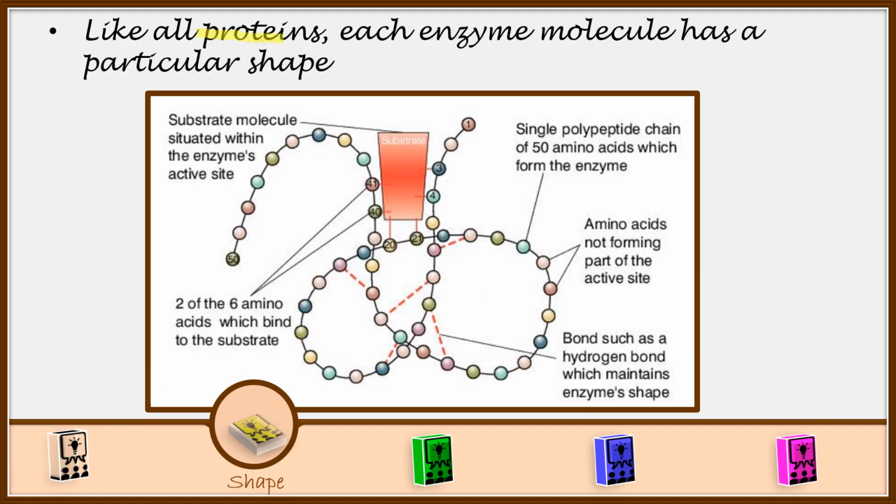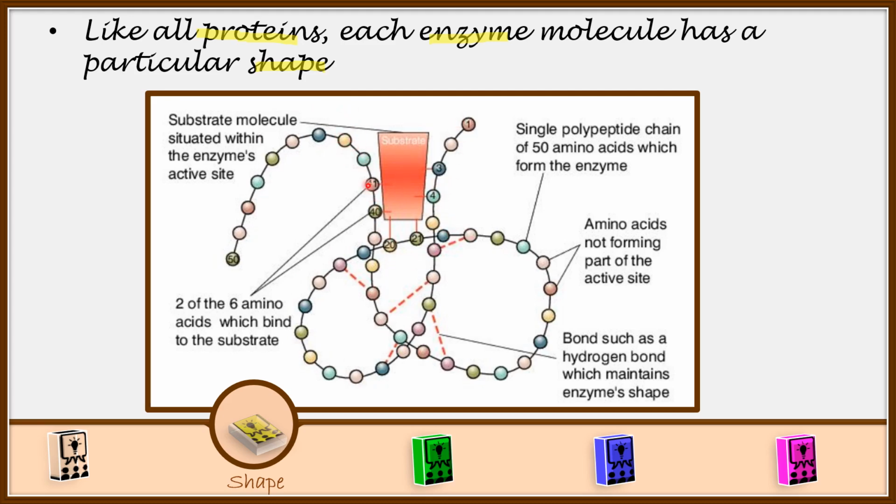Like all proteins, each enzyme molecule has a particular shape. So that's what we have been looking at: like all proteins, each enzyme that we have in the body has its particular shape. When you look at this protein here, which is an enzyme, it has its particular shape because it is working on a particular substrate.